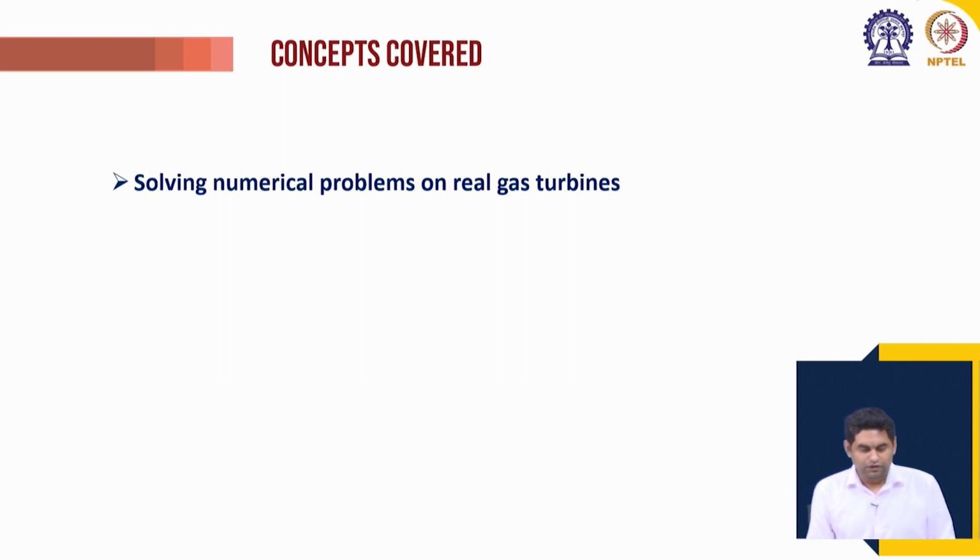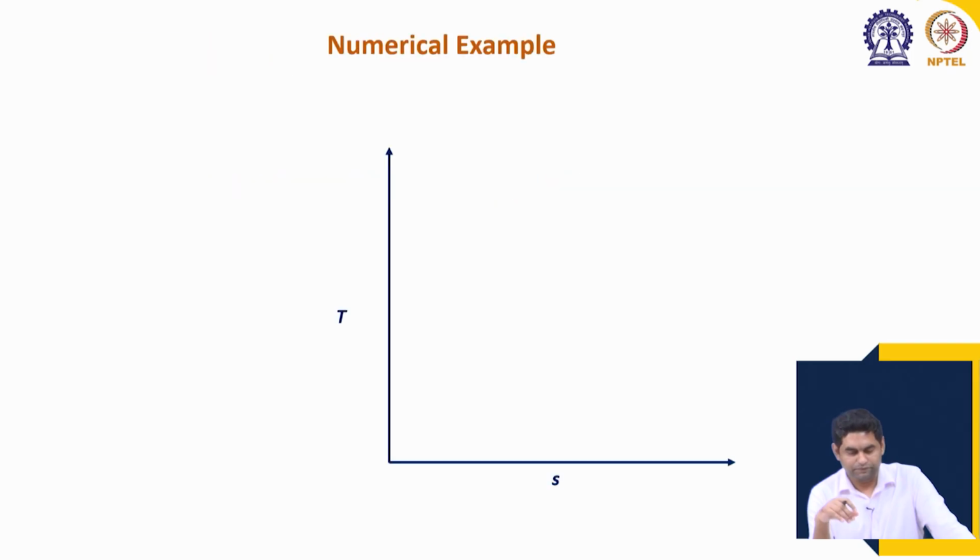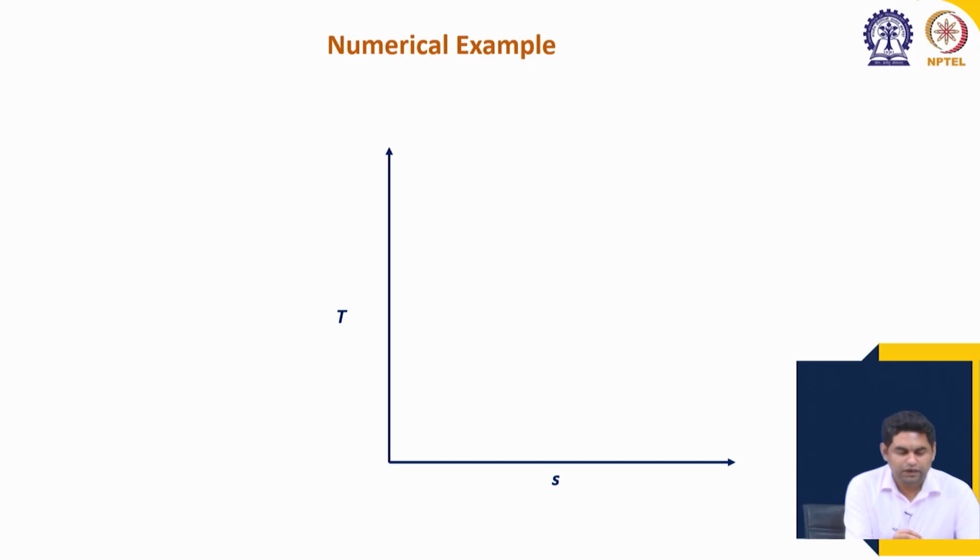So, we will practice in today's class and in the next class how to solve numerical problems for real gas turbines. Okay. So, I will start by defining the problem by writing the problem.